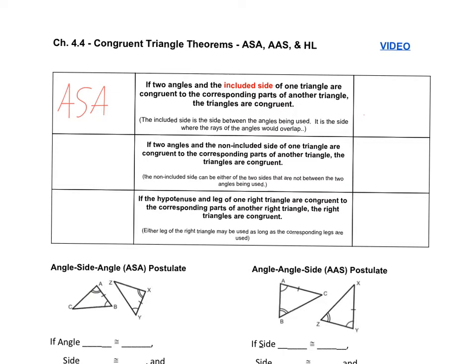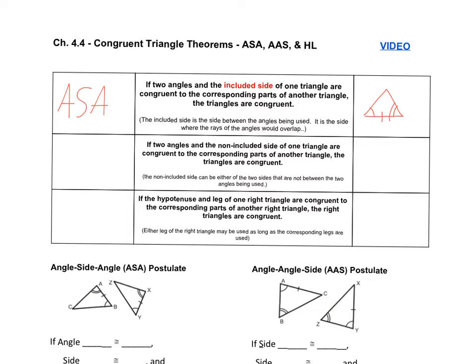So if we had a triangle set up, it would look like angle, another angle, and the side between them. We also have a situation where if we have two angles and a non-included side of one triangle that are congruent to the corresponding parts of another triangle, the triangles are then congruent.